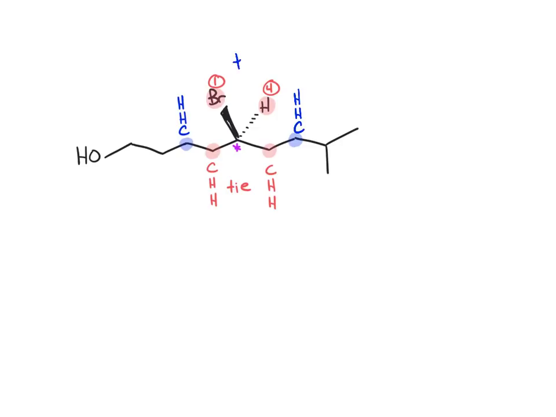Well, we have another tie. If that's the case, move one step further down the chain and compare. So we'll move to here and here. And let's once again write what's attached. On this one you have a carbon, a hydrogen, and a hydrogen.